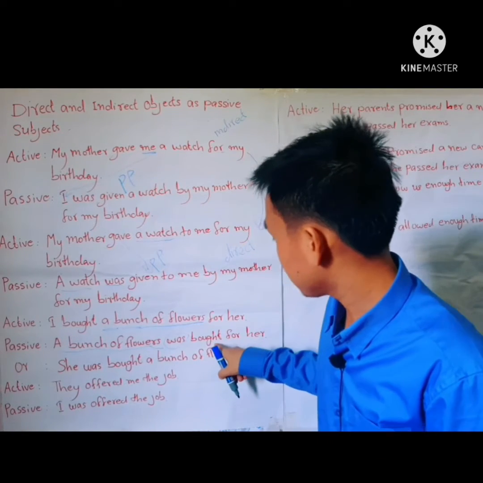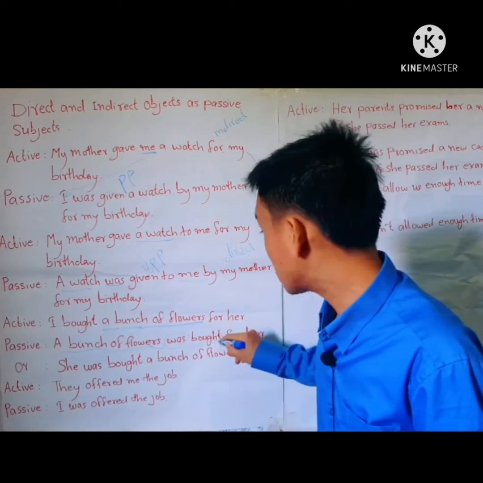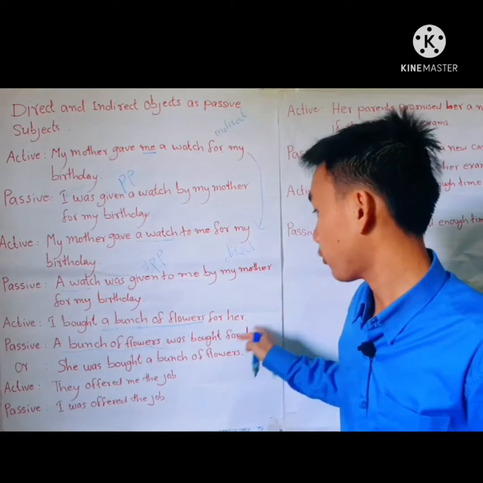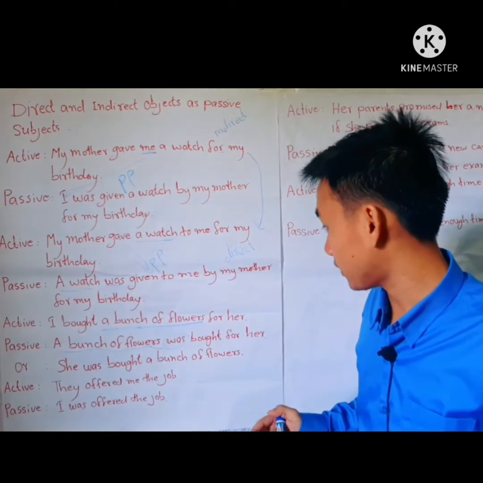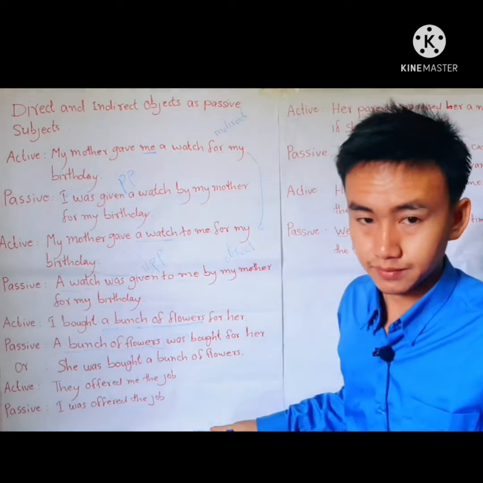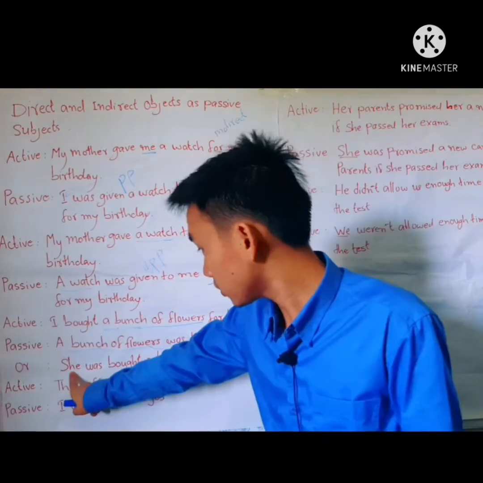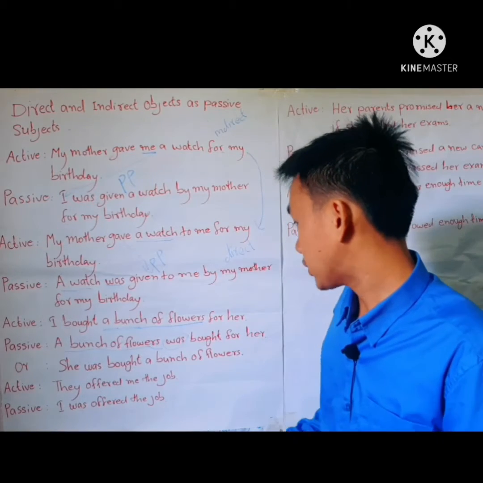And here we use bought again, because it means past participle, right? And for her. Or you can change this one, like the indirect one. For example, in here, we can use she. Why she?